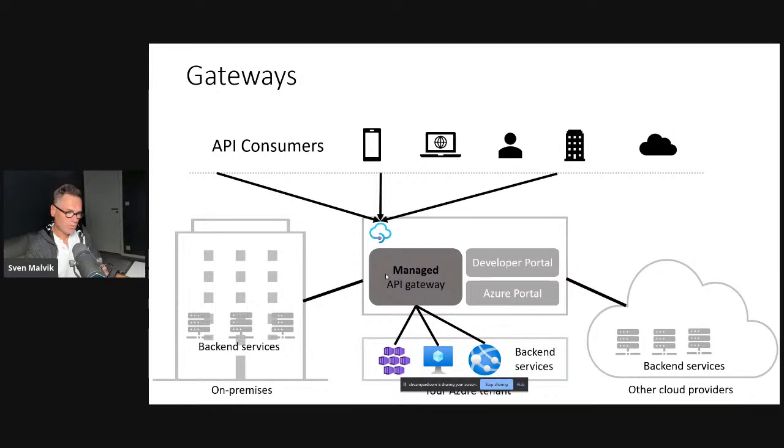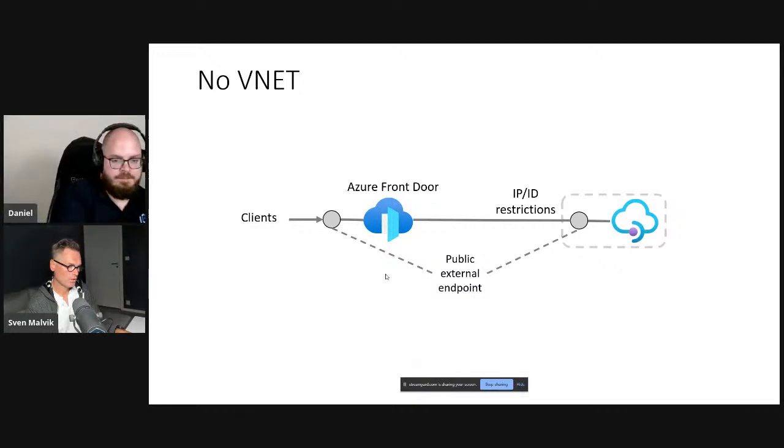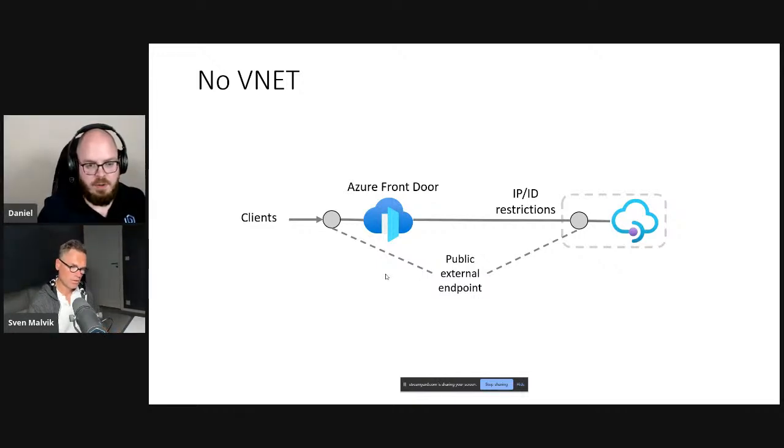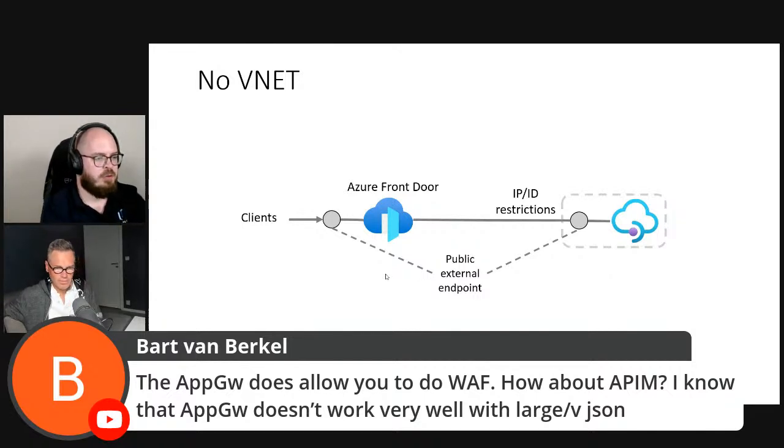Then, are there more questions to this? Maybe Daniel. Well, there's one from Bart who asks, does the app gateway allow you to do web application firewalls? The app gateway, yes.